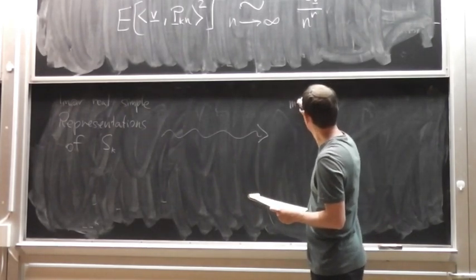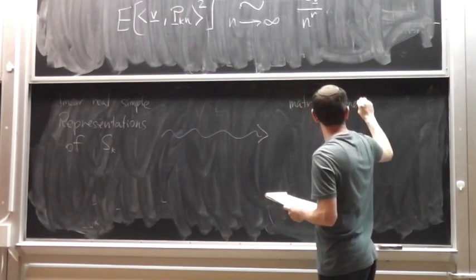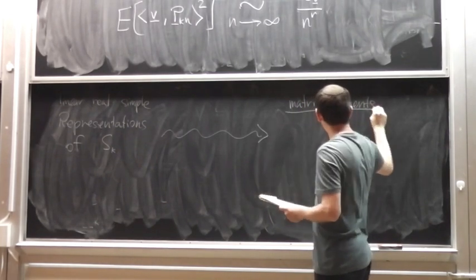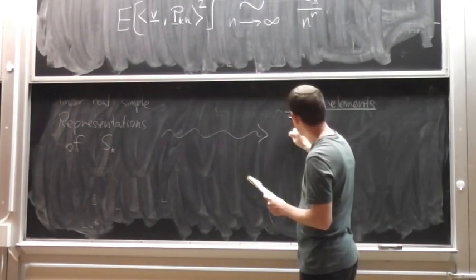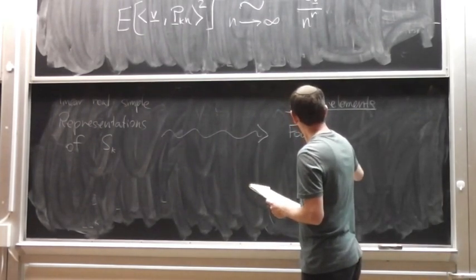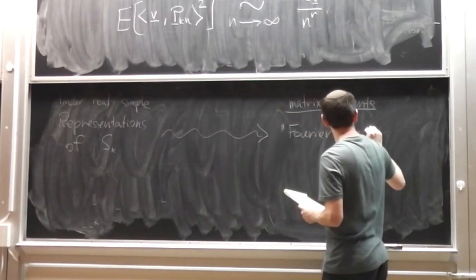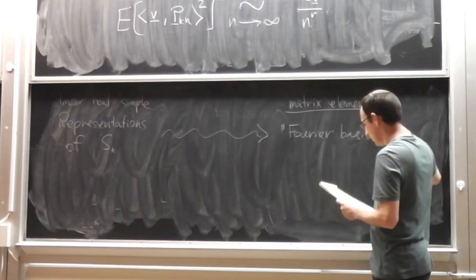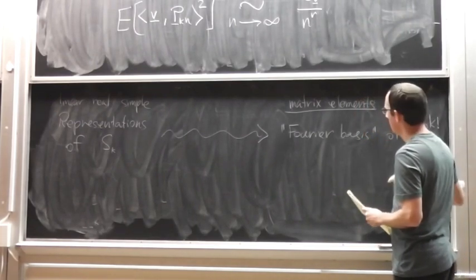They are called matrix elements, and they are actually vectors. It's a kind of Fourier basis of our space, R to the k factorial.